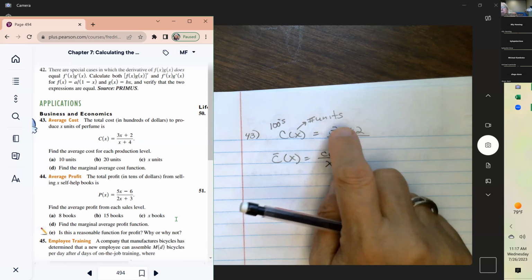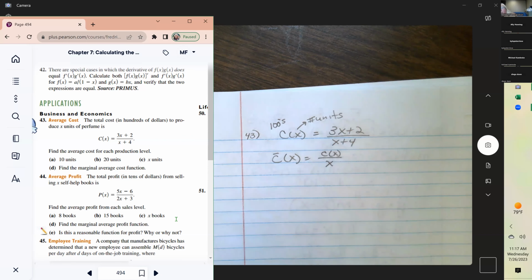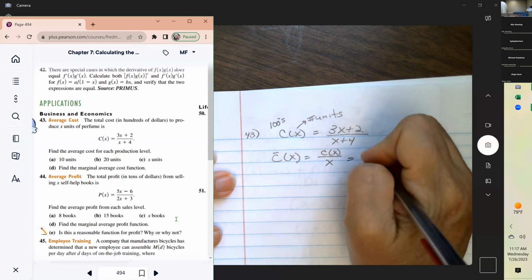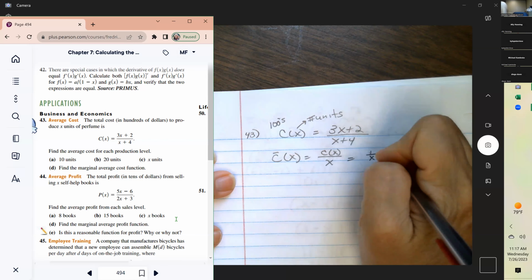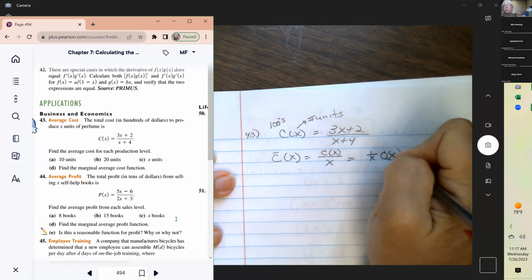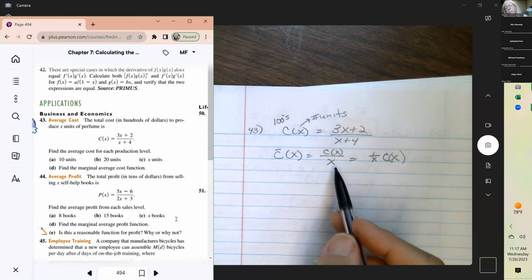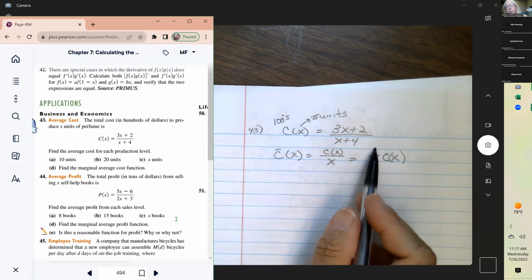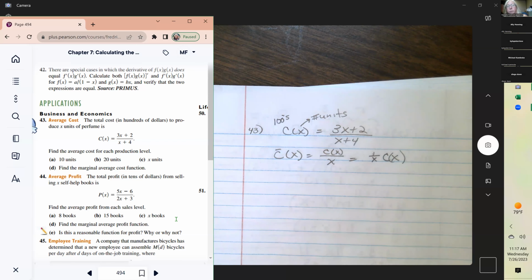But notice if we divide this by X, we have a fraction within a fraction. Another thing you could do, because remember, dividing by something is the same as multiplying by its reciprocal. So when you have this fraction, you could multiply by 1 over X. Dividing by a number is the same as multiplying by its reciprocal.